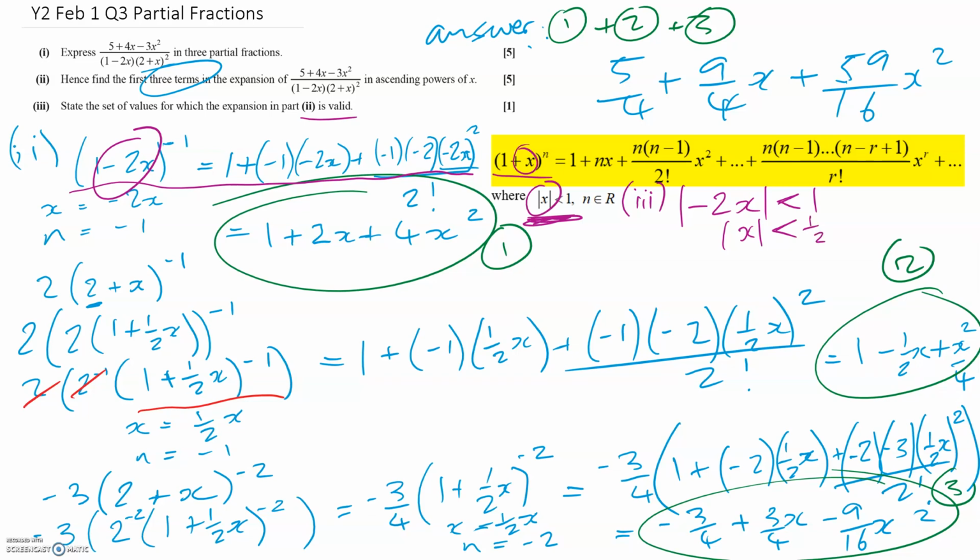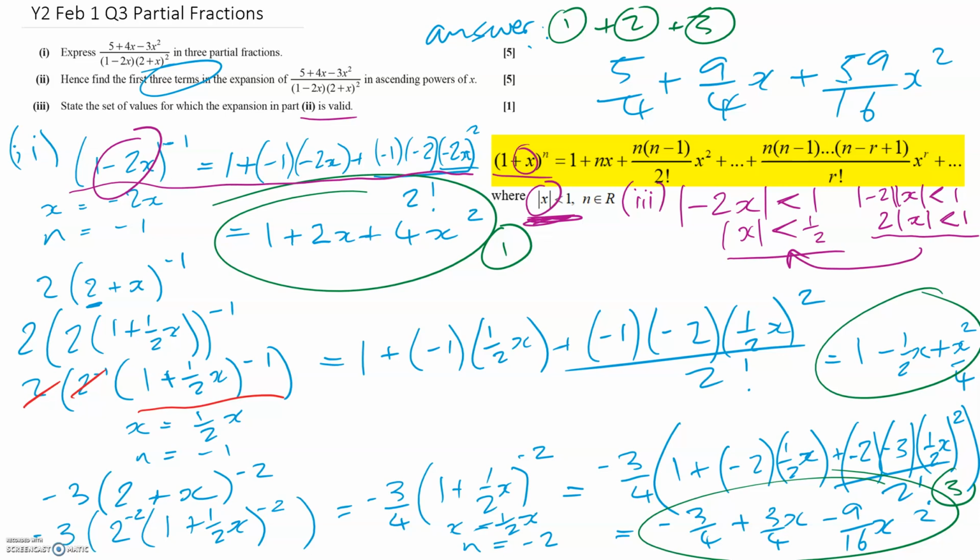Another way to think about this is you could say that this is the same as the modulus of minus 2 times the modulus of x has to be less than 1. And obviously the modulus of minus 2 is plus 2. So we get this, and then you divide both sides by 2, and that will get you this.